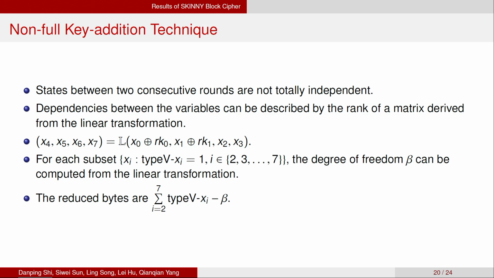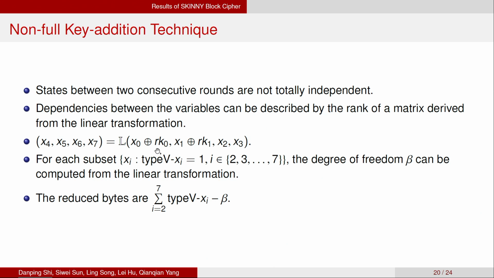So the states between two consecutive rounds are not totally independent. So we introduce the non-full key addition technique. Each linear layer with non-full key addition can be simply expressed by this equation.